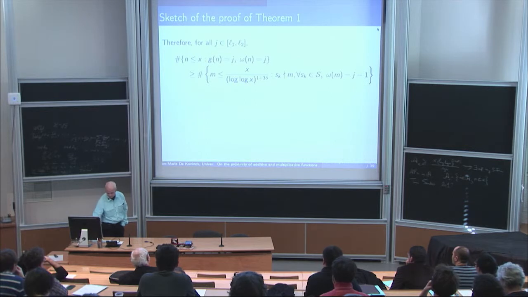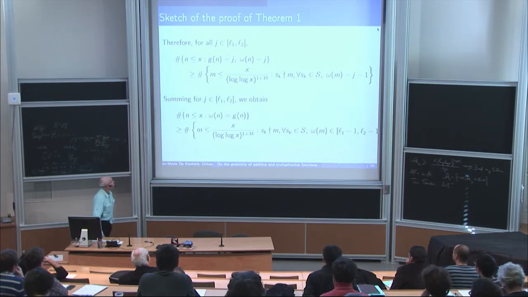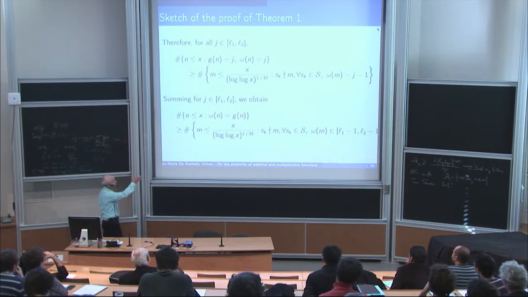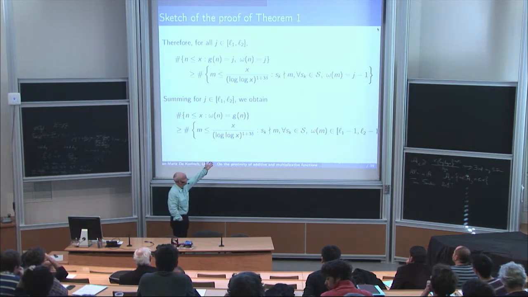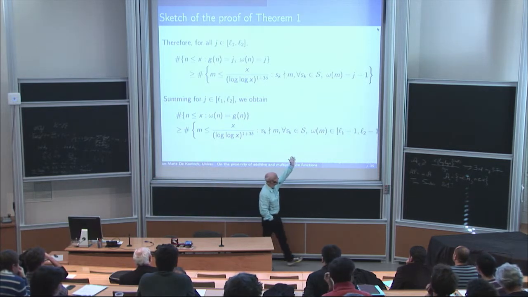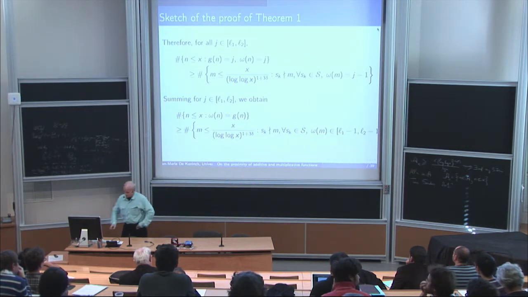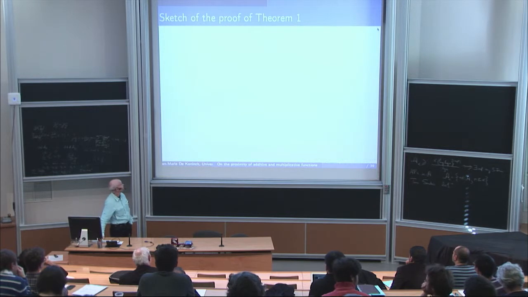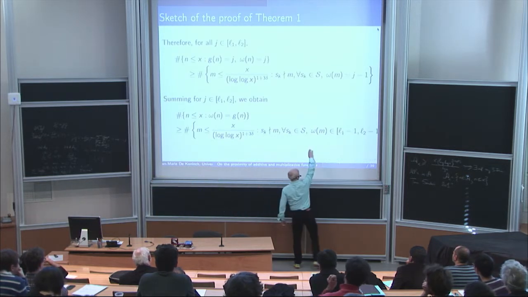Okay, so I just repeated the same line so that you could see where I'm going. Now, if we sum over all the j's in [L1, L2], because this is okay for all the j's in that interval, I get that this is bigger than that. And then, of course, the range of omega of n is in an interval. But I don't like this condition here. I would like to get rid of that.